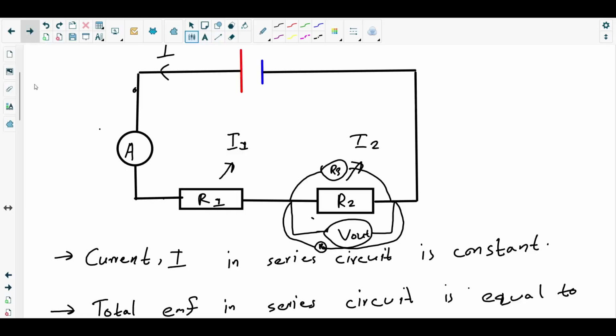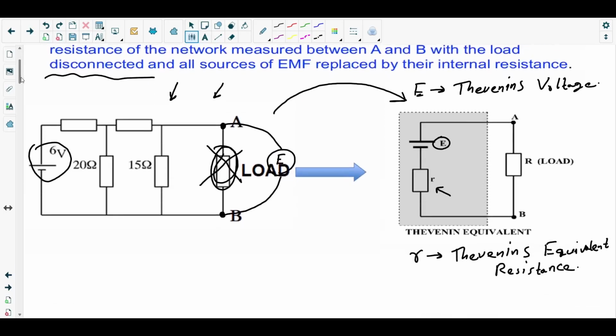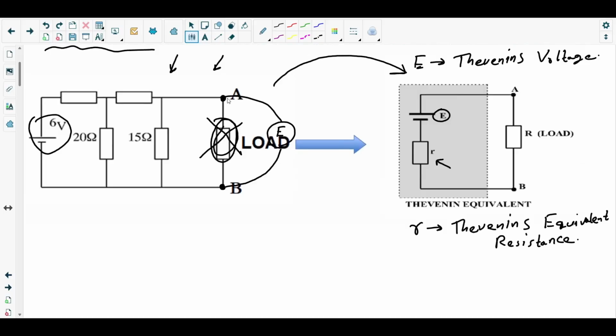Similarly, in this Thevenin's circuit, when you calculate this E, the Thevenin's voltage, it will not be exactly the voltage across the load resistor.